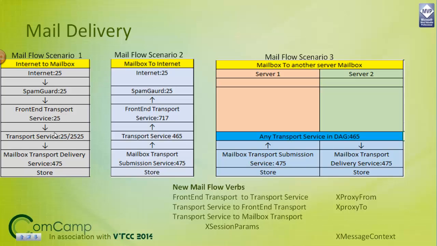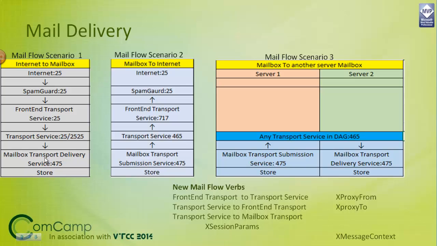Then front-end transport service looks for the mailbox server in the same AD site. The preference is the closest and the healthiest mailbox server. Then front-end transport service transfers the email on port 25 if the CAS and mailbox are on separate servers. If they are together, it transfers on port 2525.